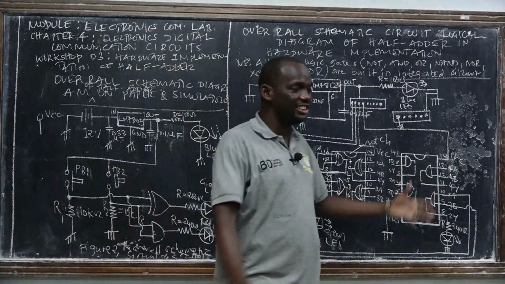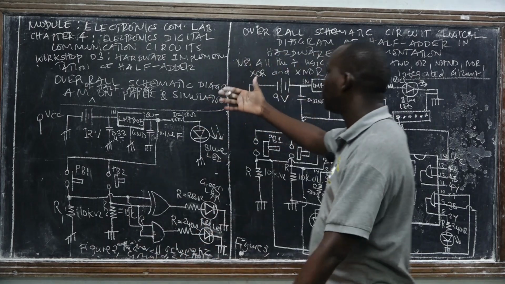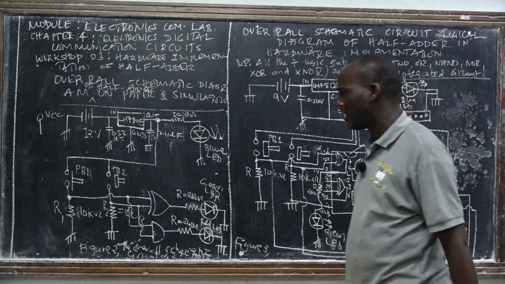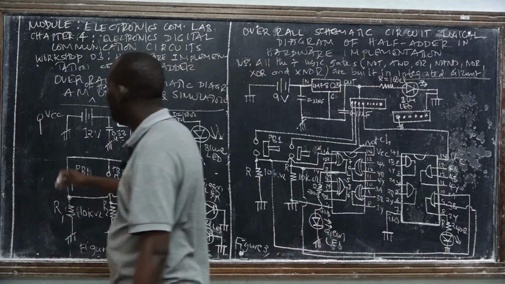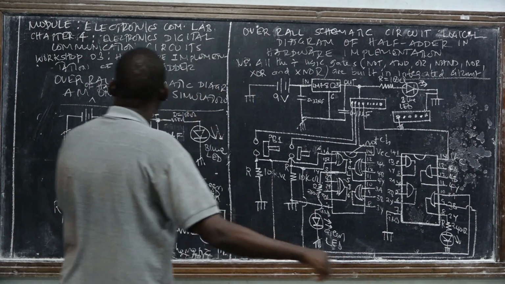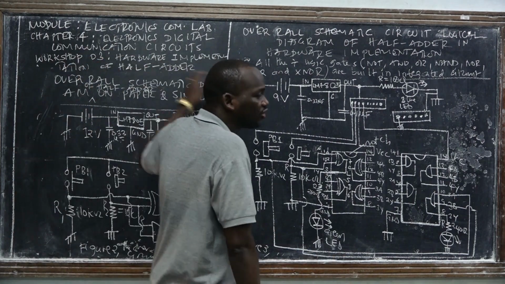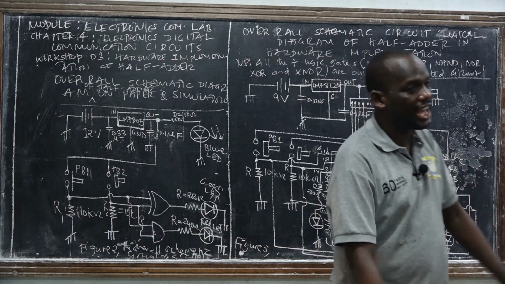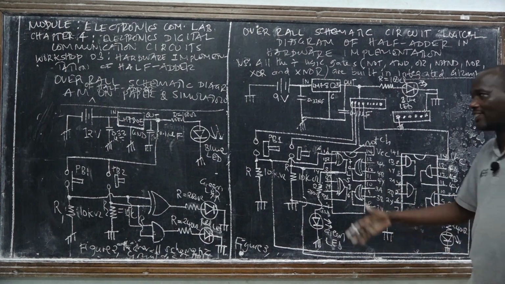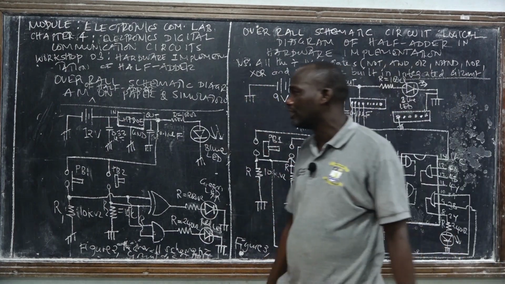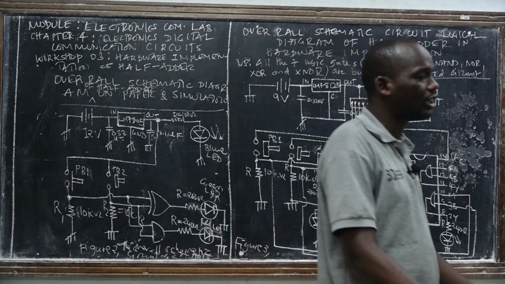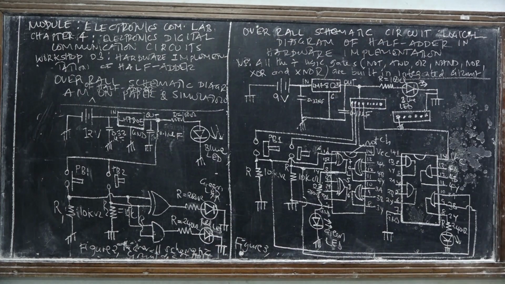Okay, my dear students, this is the end of workshop 3. I would like to thank you. I believe that you have understood. You have been enjoying it. And I would like to ask you to join me in the next workshop 4. In workshop 4, I'll give you a task about something I will not mention. In workshop 5, we'll discuss the encoder. In workshop 6, the decoder.